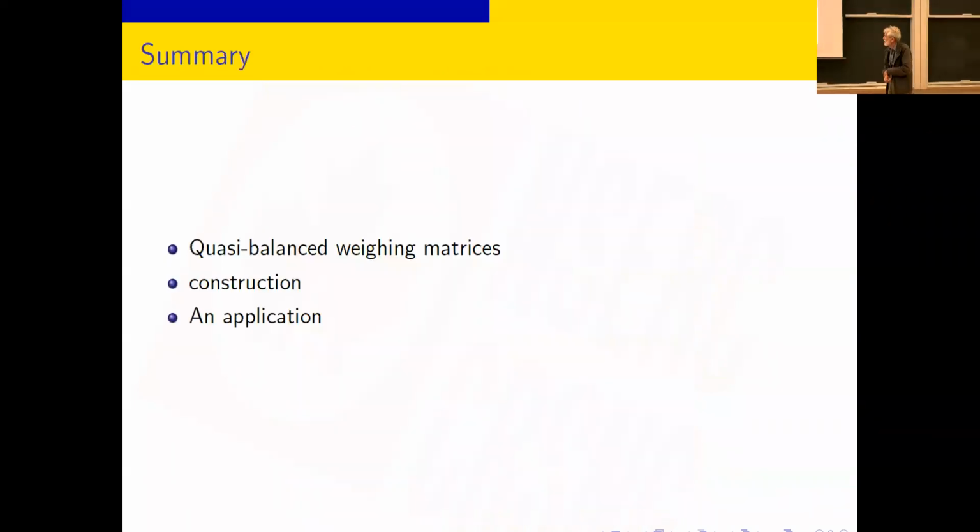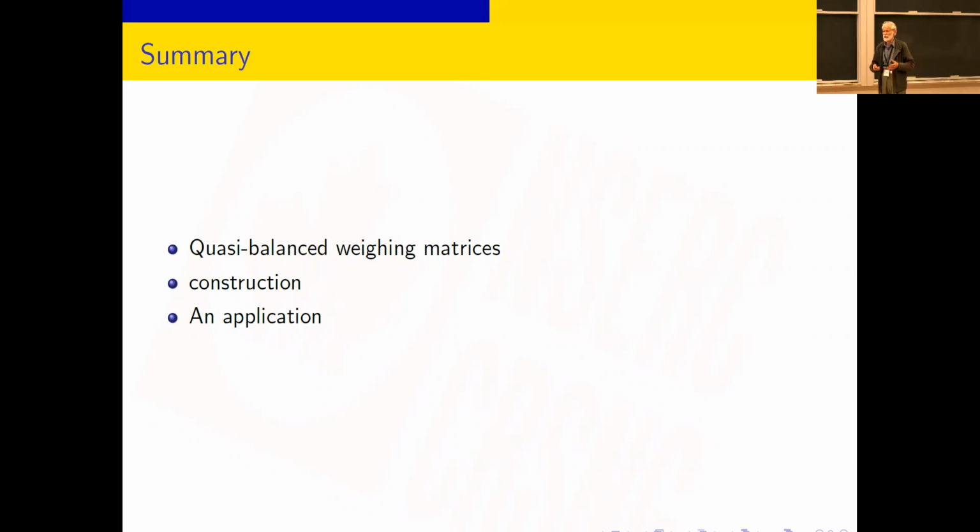Okay. So I now want to talk about quasi-balanced weighing matrices. While we were doing that work, we noticed that many of these weighing matrices are not particularly balanced. Namely, when you square off the entries, you don't necessarily get a symmetric design. You get something less than a symmetric design.